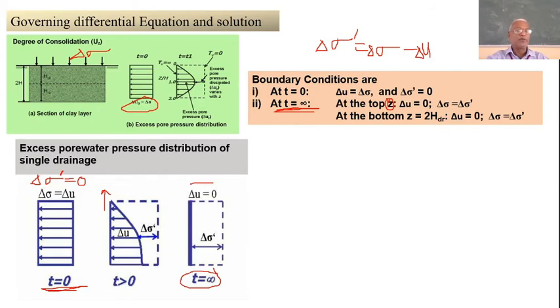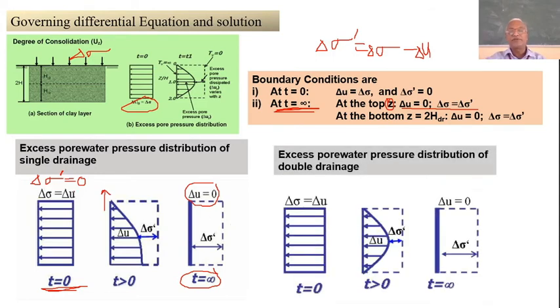So delta U becomes 0. Once delta U becomes 0, delta sigma will be equal to delta sigma dashed, means effective pressure will be equal to applied pressure, right? When we discuss the spring analogy, I think it will be easier for you to understand. Okay, this is single drainage.